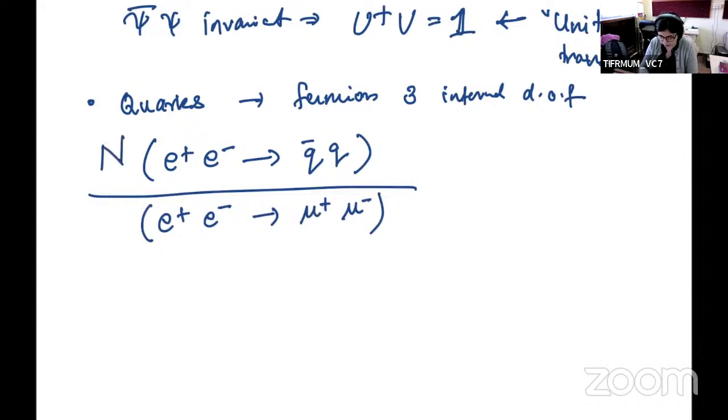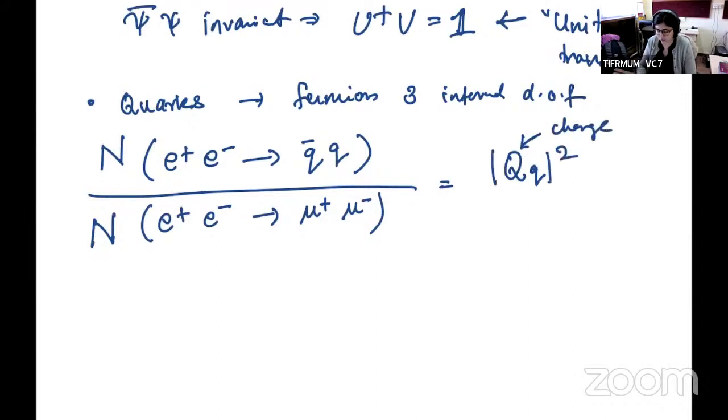I'm just going to write n, which is just the number. And if you are at high enough energies, then you would expect that this number essentially should just cancel. So if you have one species of quark and you just have one species of muons, then this number essentially just gives you the charge of the quark. So it might look a bit... charge. Okay.